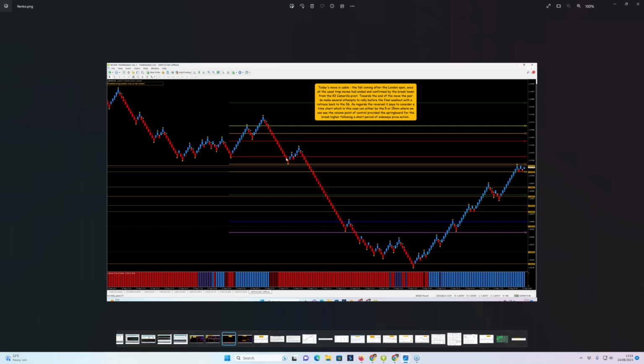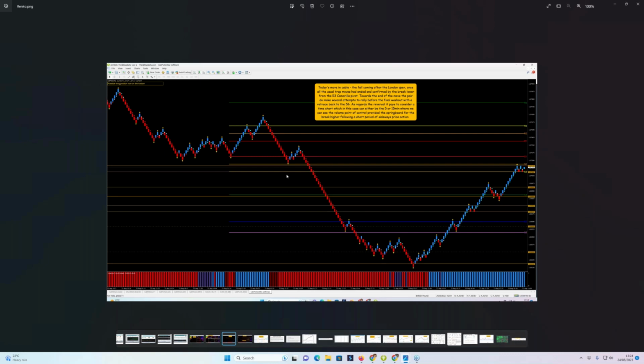But to determine whether this is just a pullback, we look at the time chart with the volume. We see the up candles, but is it supported by volume? If it's not supported by volume, it's an anomaly, and the chances are the move will continue on.